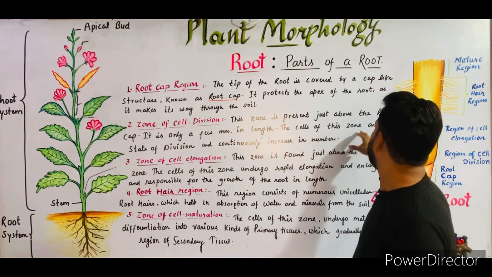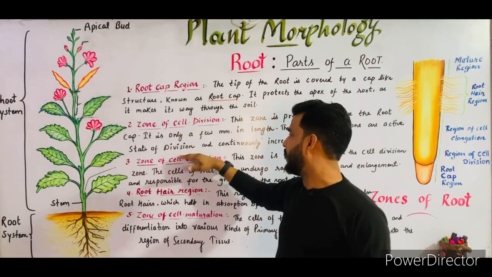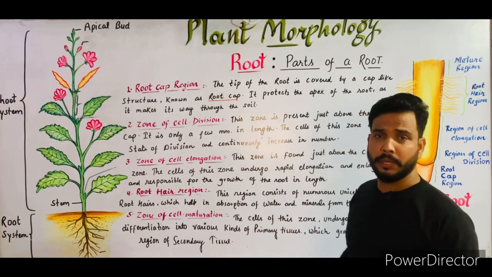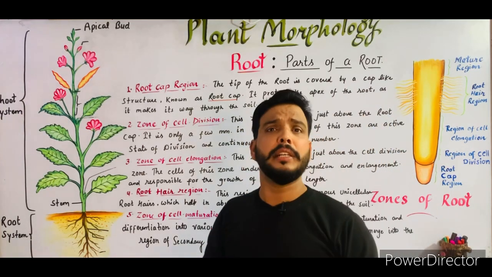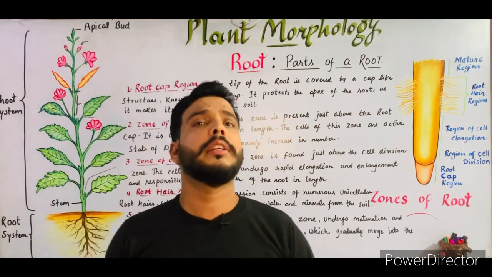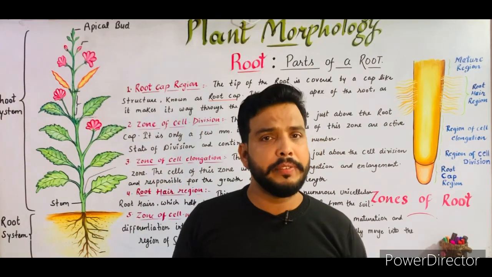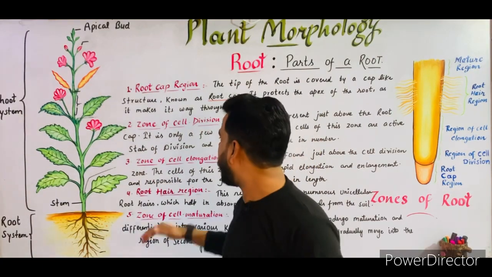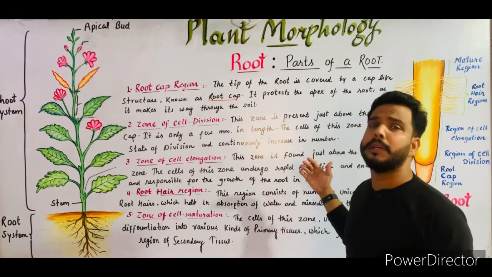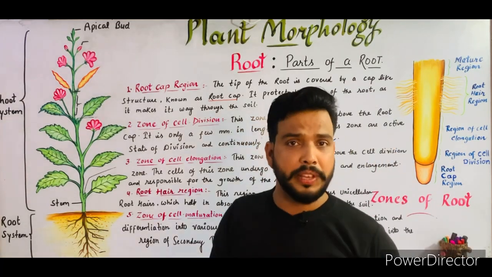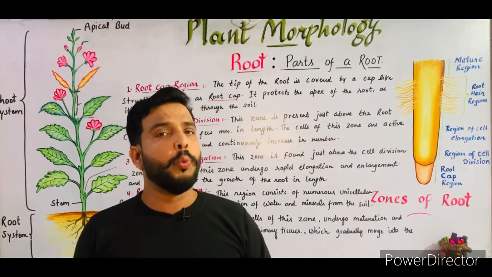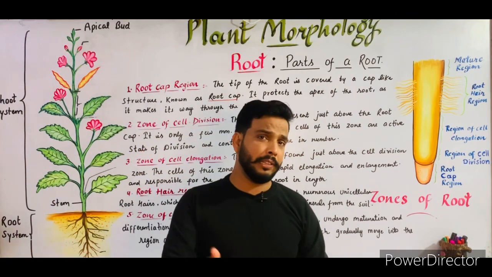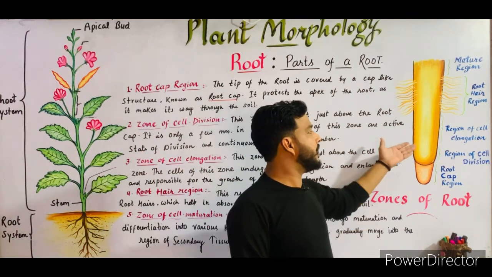The cells of this zone are in an active state of division and continuously increase in number. The cells present in this zone continuously divide by mitosis, and as a result of cell division the number of cells increases, which helps the root grow in length. So that was the cell division region.